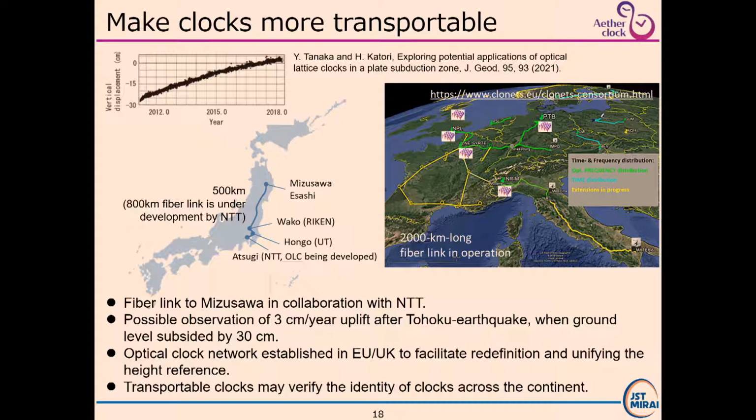And also, as covered in Helen's talk, in Europe they have a big fiber network connecting PTB, SYRTE, INRIM and NPL. We are planning to take our transportable clock to NPL next year. Then we can compare clocks and verify the identity of clocks over the continent. This will be an important step for the redefinition of the second.